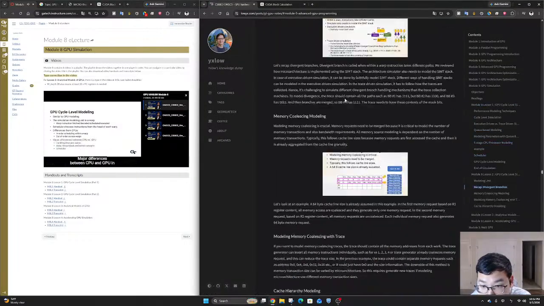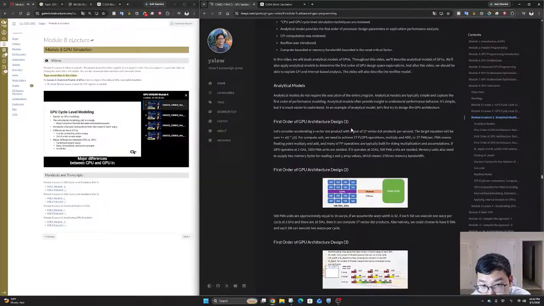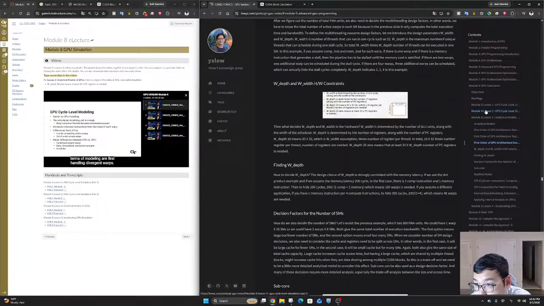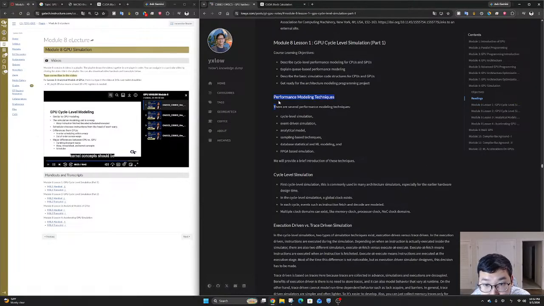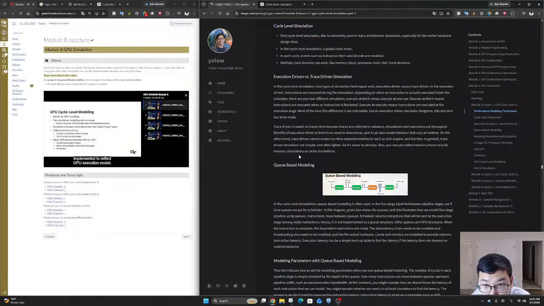Major differences between CPU and GPU in terms of modeling are, first, handling divergent warps, and then warp, thread block, and kernel concepts should be implemented to reflect the GPU execution model.